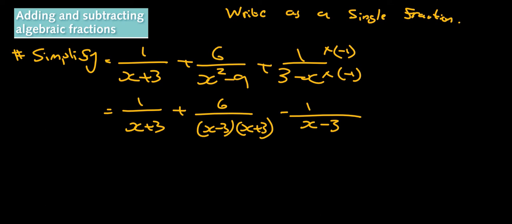Okay, so we need to find the lowest common multiple of the denominators. So we need to make all the denominators equal to this difference of two squares.